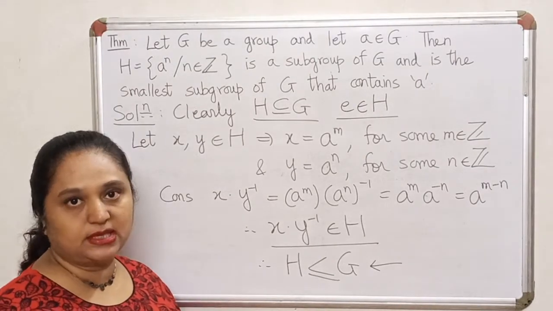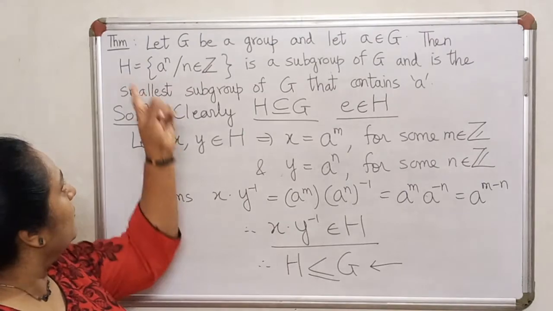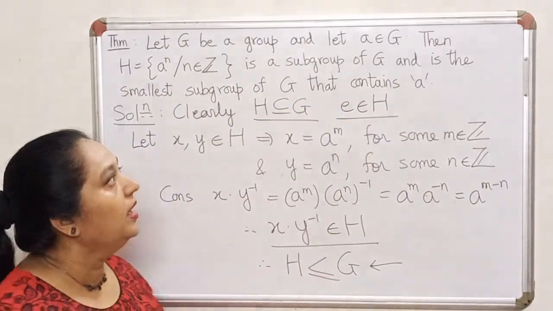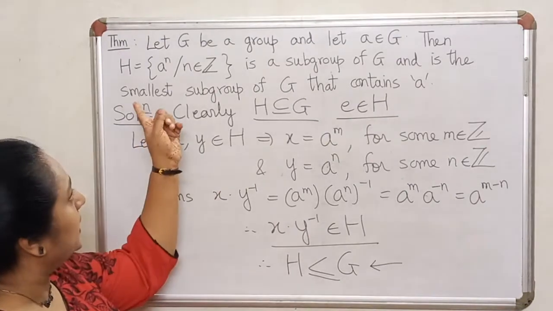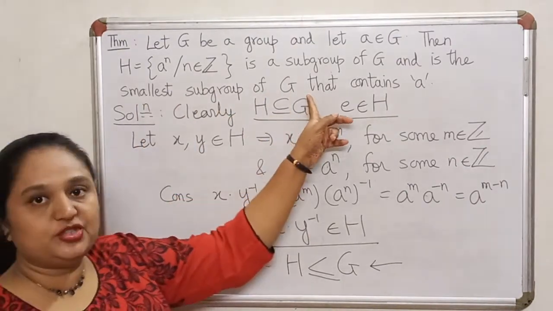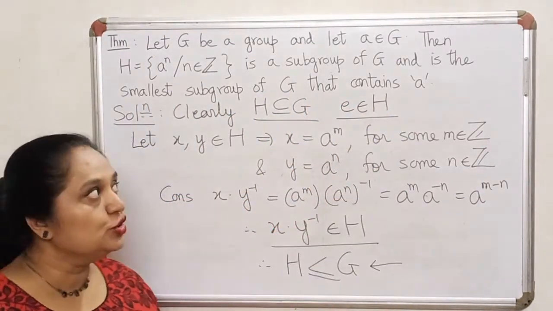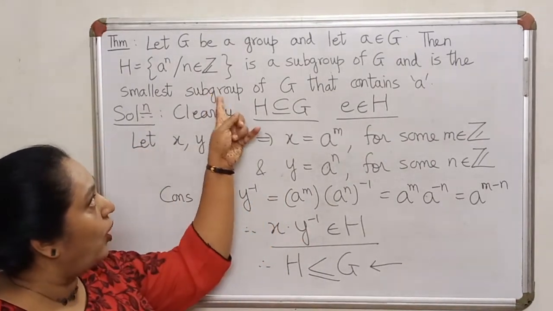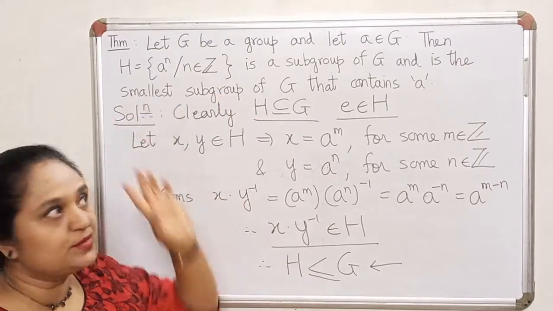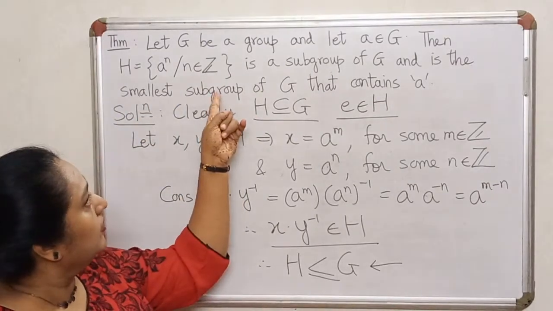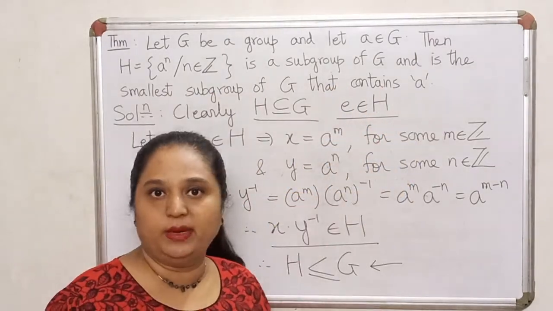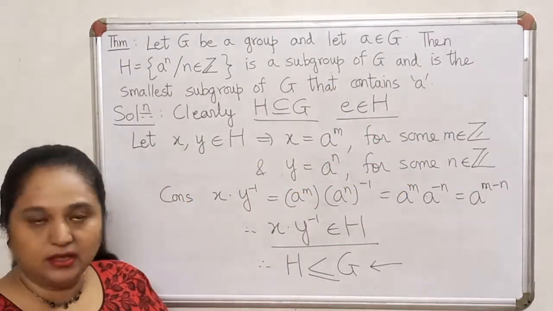Let's see what else the problem demands. We've been asked to prove that H is a subgroup of G, which we have done. We now wish to prove that it is the smallest subgroup of G that contains A. So firstly we proved that it is a subgroup. Now we want to prove that out of all such subgroups, it is the smallest. But before we do that, we also will prove that it is a subgroup which contains the element A. Now that again is easy.